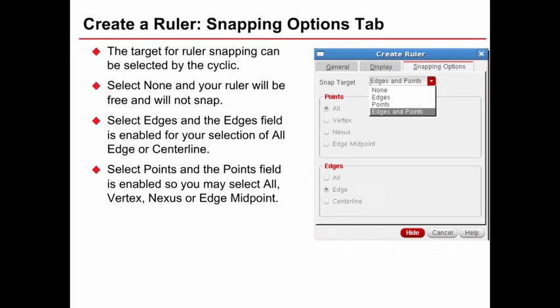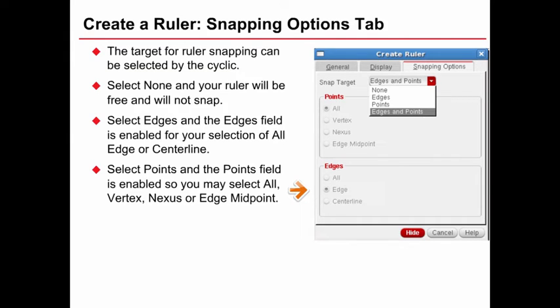Snapping options. Snap target: we have none, edges, points, edges and points. At the moment, notice these are grayed out. As long as nothing's there for points or edges, it's not active.